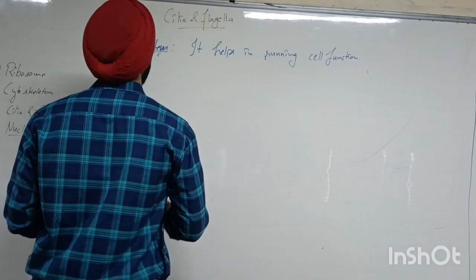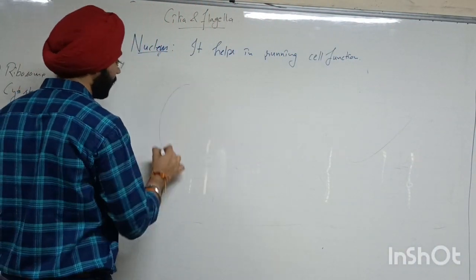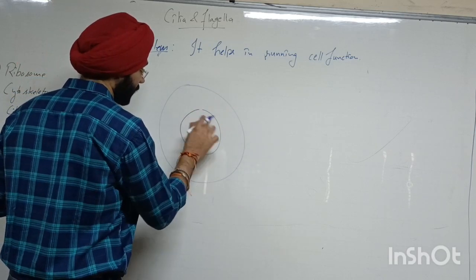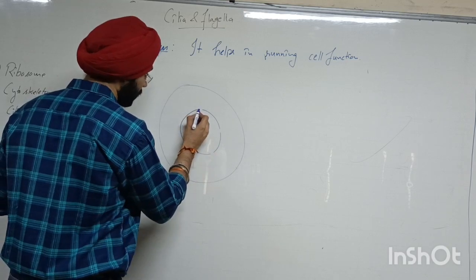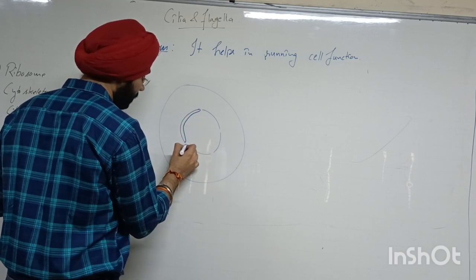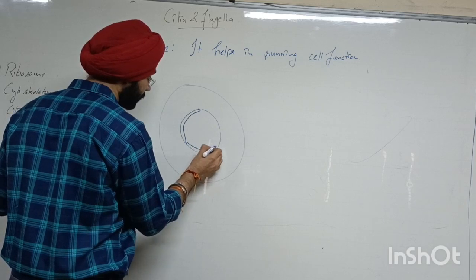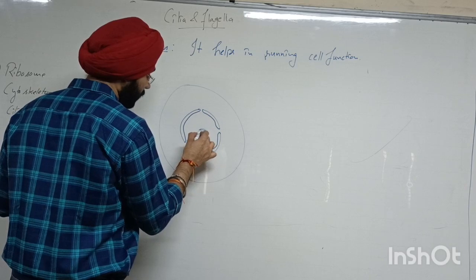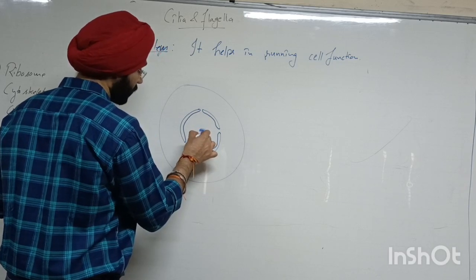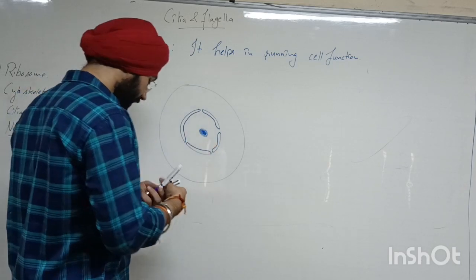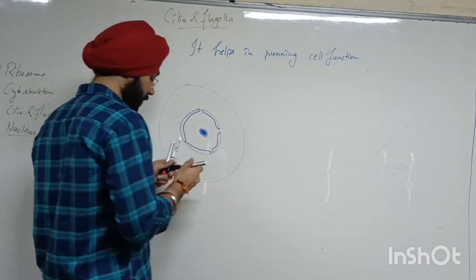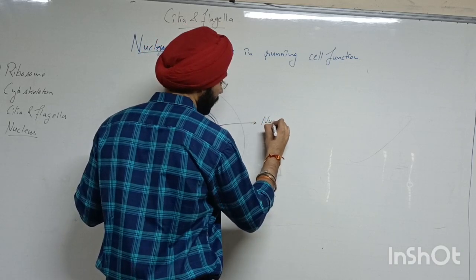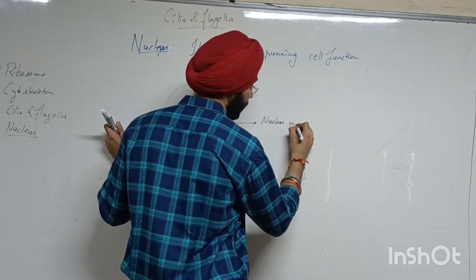Okay, so nucleus. Let me make a diagram. If this is a cell and this central thing is the nucleus, and it is covered by nuclear envelope. Let me label it first. This is nuclear membrane.